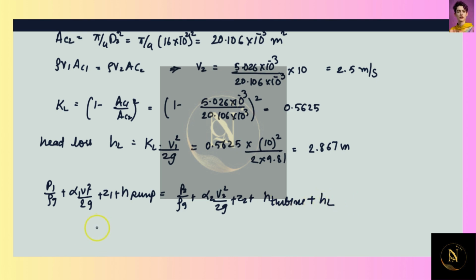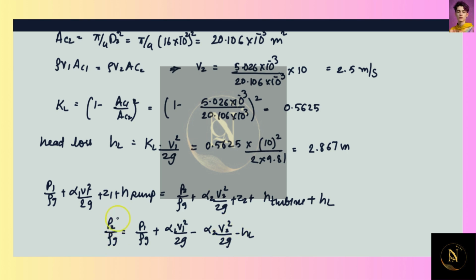Here Z1 equals Z2 and H pump equals H turbine. These all get cancelled out, and what remains is P2 by rho g equals P1 by rho g plus alpha 1 V1 squared by 2g minus alpha 2 V2 squared by 2g minus HL.